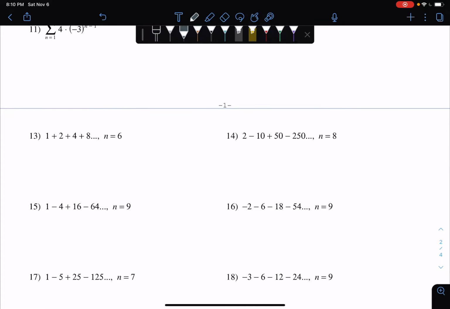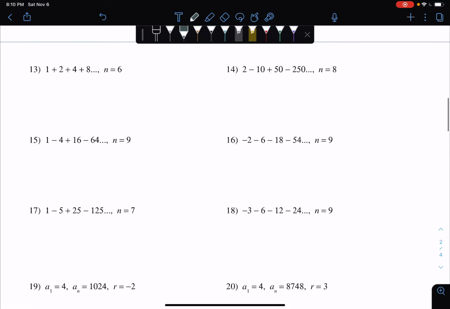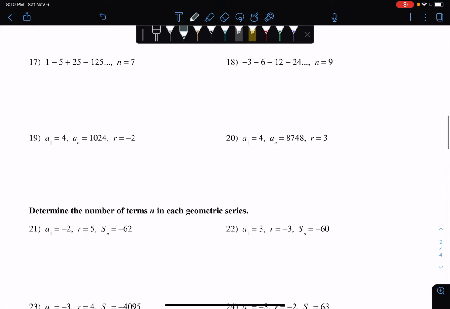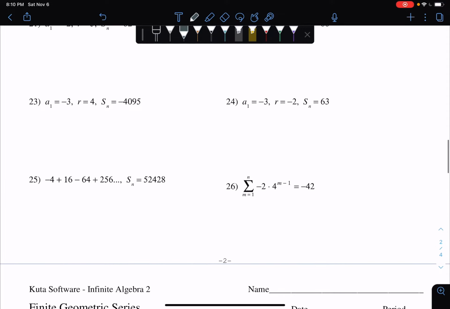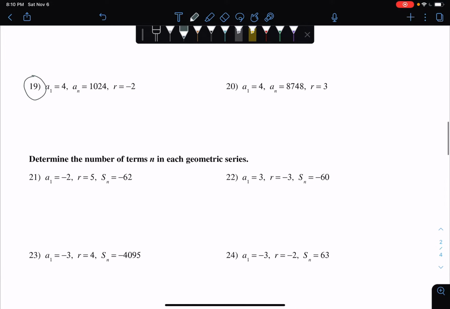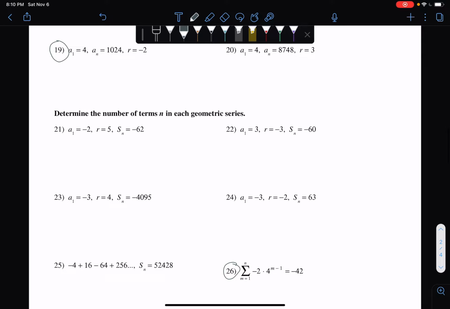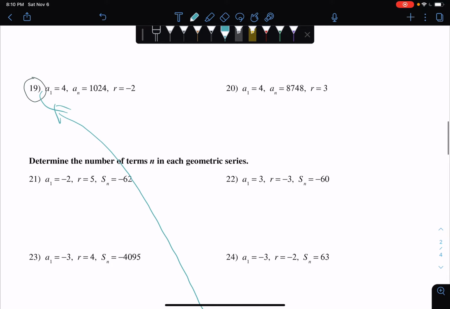But there's a big disclaimer before you proceed with the video. We won't be answering numbers 19 to 26. From here to here, we won't be answering it, because I cannot teach this part yet, because these problems involve what we call logarithmic functions, which isn't introduced in our school yet.